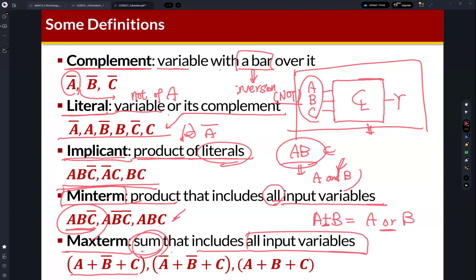So maxterm is the sum that includes all input variables, like A, B bar, and C. It includes all input variables A, B, and C, and this is the sum. So this is a maxterm. These are definitions of certain terminology, so you need to memorize them.